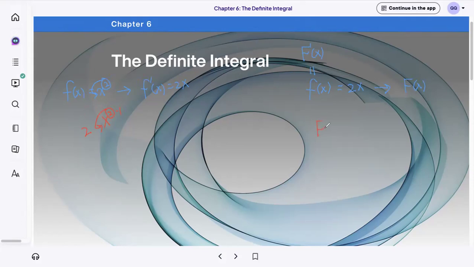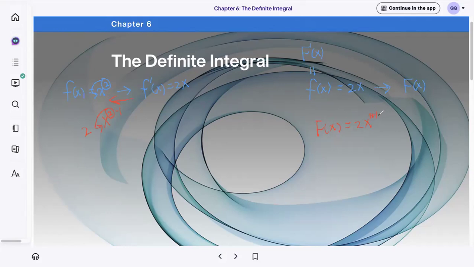So F of x equals, first let's rewrite the function. By default the exponent is 1. So we're going to add 1, because before we were subtracting. Now we're doing it backwards. When we differentiate we subtract 1, now when we anti-differentiate we add 1.